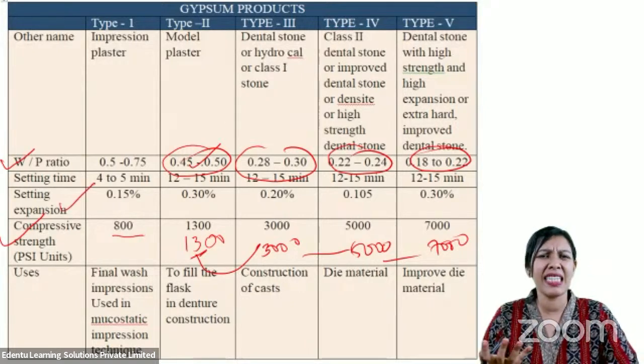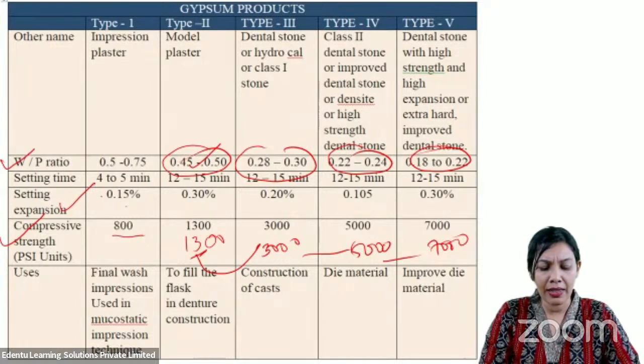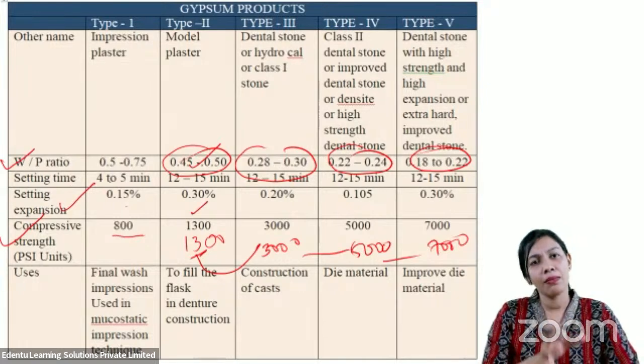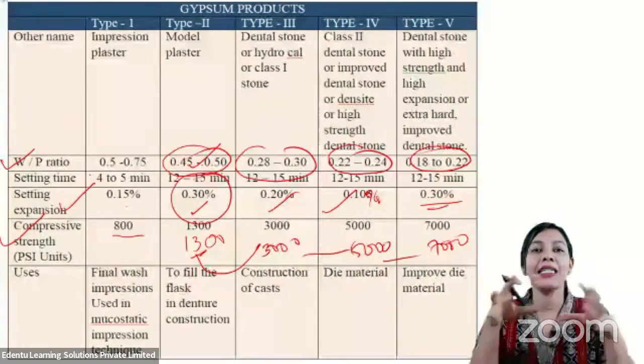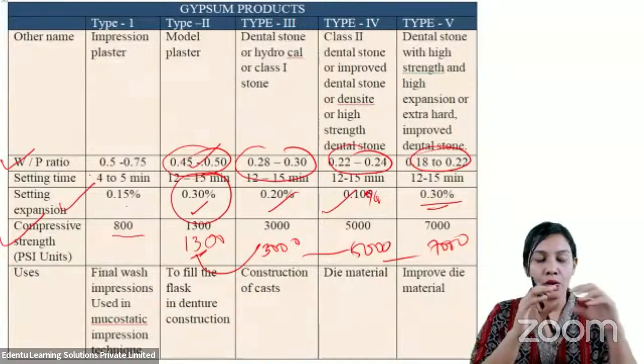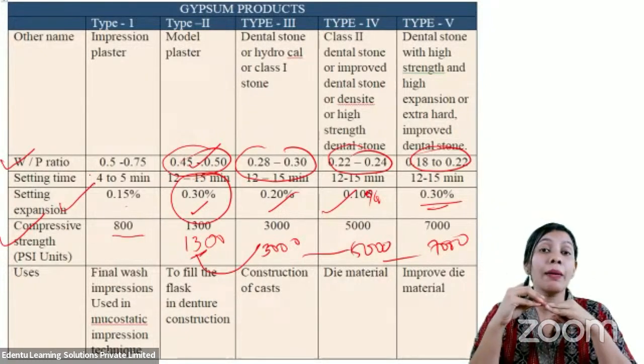Next is the setting expansion. It is also very easy to memorize through this chart. 0.15, just the double of that, 0.30. Then 0.30 decreases by 0.10: 0.30, 0.20, 0.10. It is percentage. And again to the same number as that of type 2. Just relate this and study. It is very easy. So first, you need to memorize the names. Next is the water powder ratio.